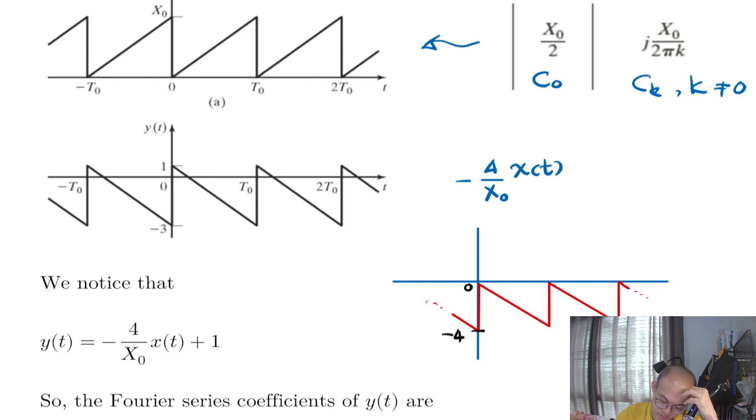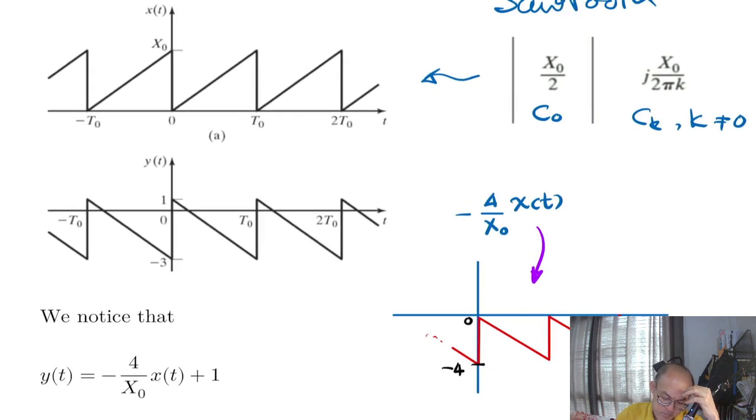Okay. If you plot this one, you're going to get this. The amplitude of x is x0, and the amplitude of this one is minus 4. Okay? But what we want is this one, so we know that we have to shift it up 1 unit, right?